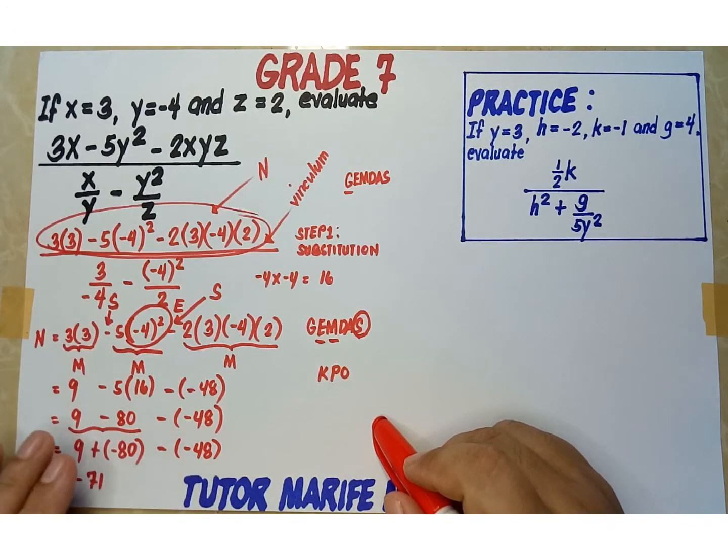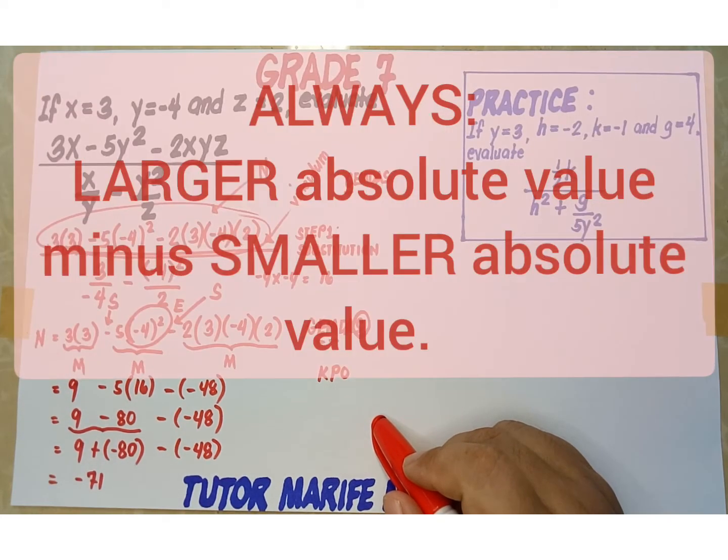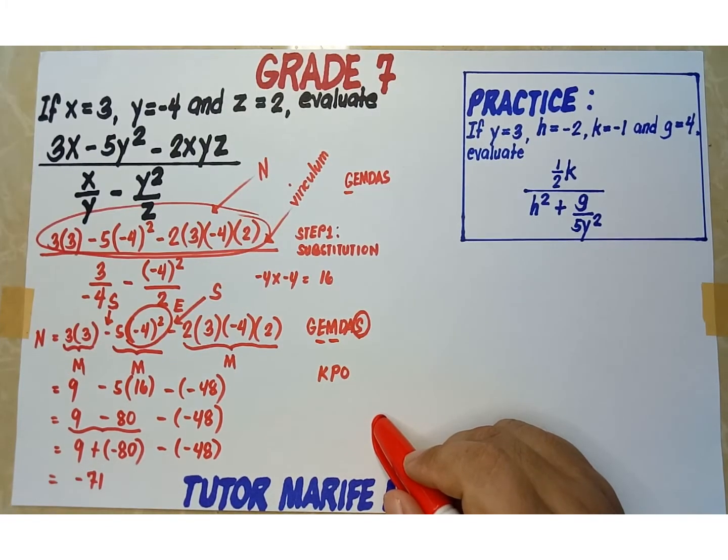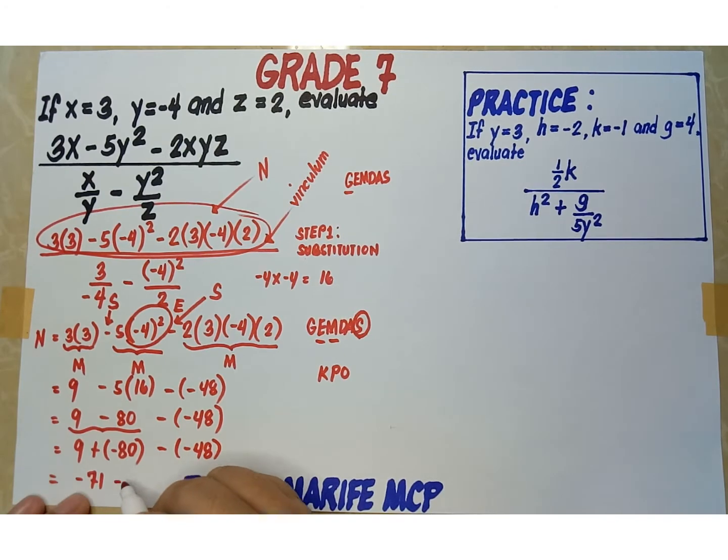Subtract the absolute values. Of course, when you subtract higher absolute value minus smaller absolute value, so it's 80 minus 9, 71. Then you follow the sign of the number with greater absolute value, negative 71. Okay? Minus negative 48.